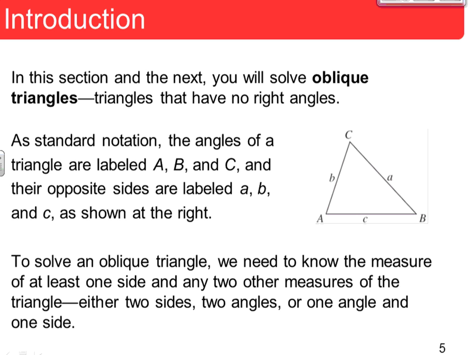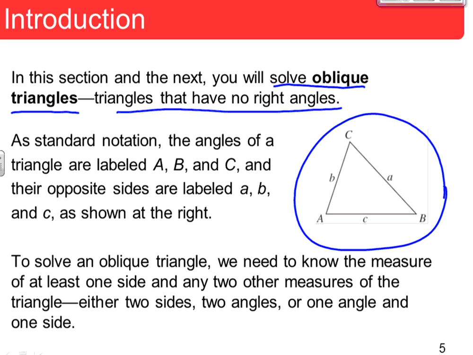This is our introduction, just a little piece of information. An oblique triangle is simply a triangle that has no right angles. Standard notation, another thing you just want to be aware of: angles are labeled with capital letters A, B, and C, and sides opposite the angle are labeled with lowercase letters a, b, and c.